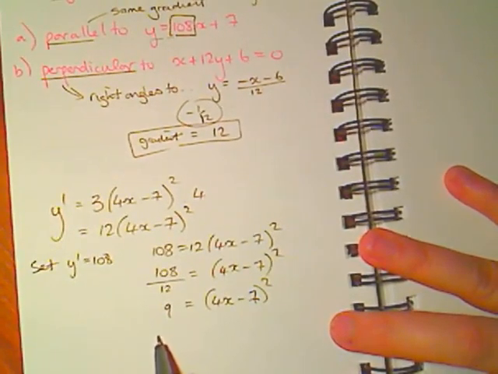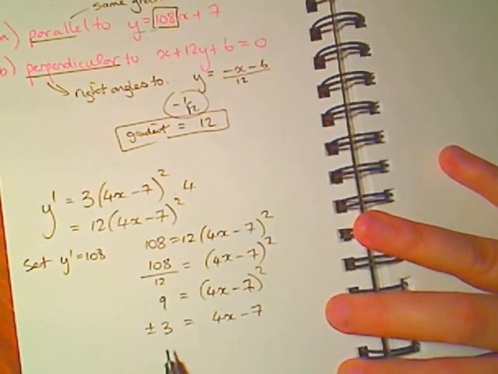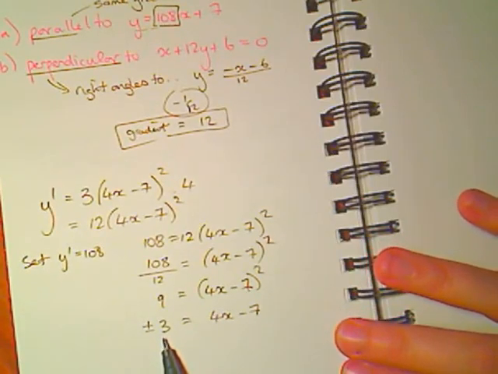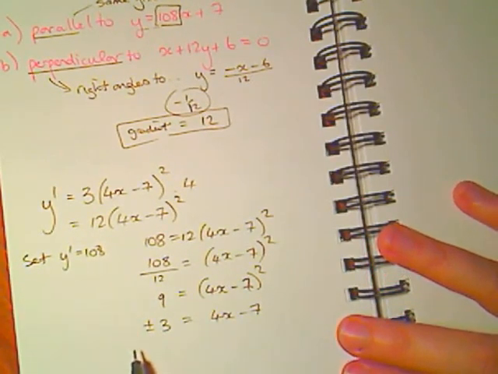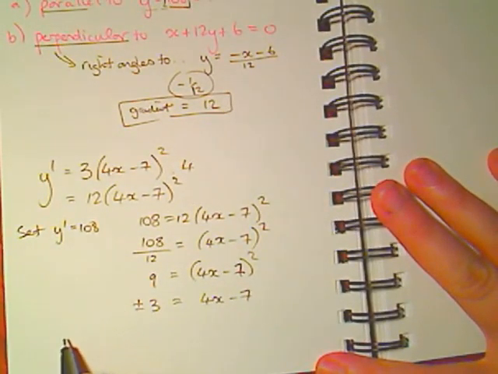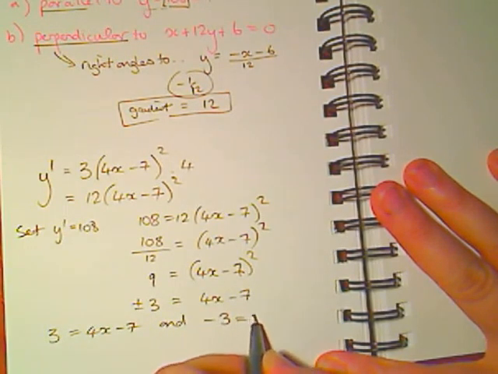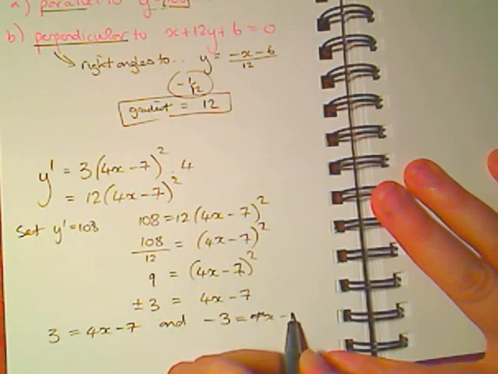Take the square root. Square roots can have positive or negative answers, so I'm going to have 2 cases where this happens. Now I can have where 3 equals 4x minus 7 and minus 3 equals 4x minus 7.